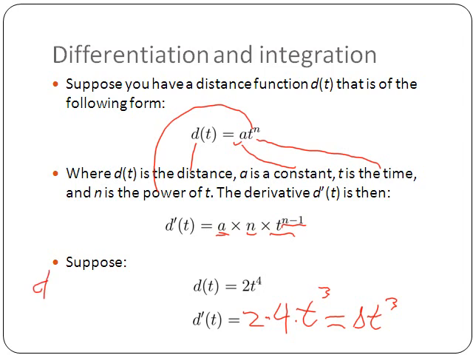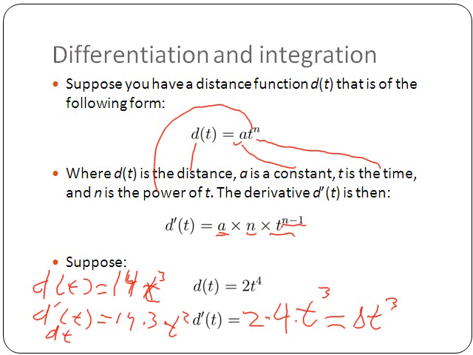And so if I've got another one, d of t is equal to 14t cubed. In this case, to differentiate that, I'd say 14 times, bring the 3 down, 3 times, t to the 3 minus 1, t to the 2nd here. So 14 times 3 is 42.